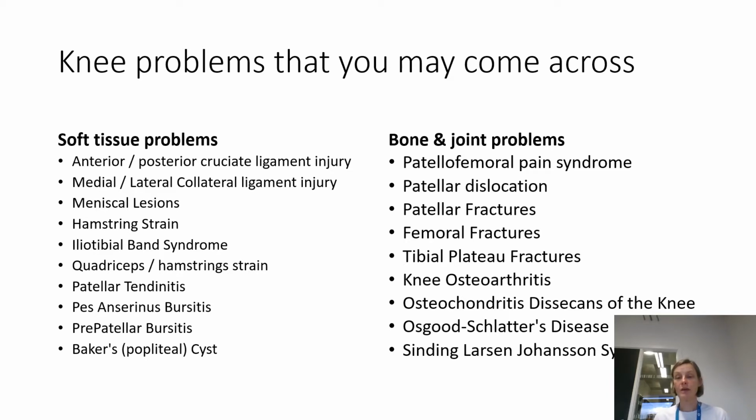Other fractures that you may see around the knee might include femoral or tibial fractures, which are part of the knee joint, knee osteoarthritis, osteochondritis dissecans, and then two problems, Osgood-Schlatter's and Sinding-Larsen-Johansson syndrome, which are problems that you specifically see in adolescents. These are known as apophysitis problems, and we'll talk about those a bit later on.